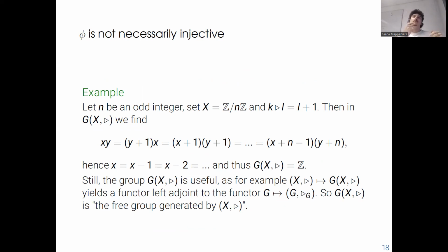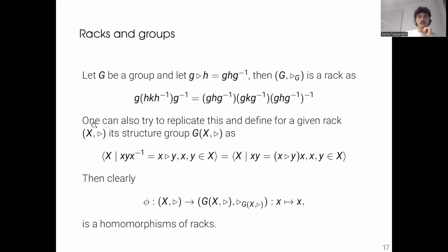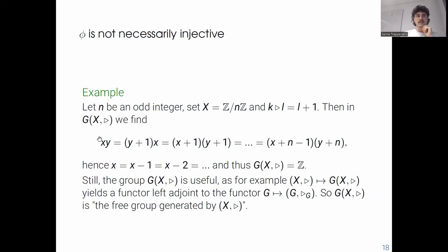So we have just a cyclic permutation of our set happening there. And in G_X, recall this is the one defined here, this means that xy should be equal to (y plus 1)x. Recall that this plus 1 does not mean anything in the group here. It's just the cyclic permutation happening there.